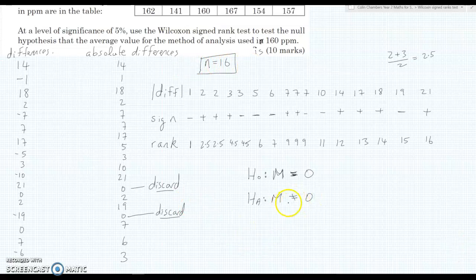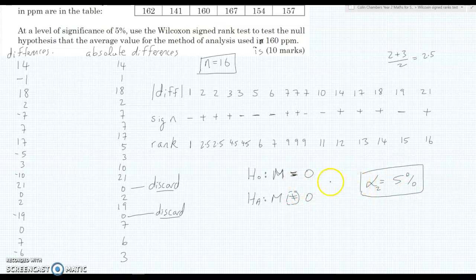So the median difference is not equal to 0 as our alternative hypothesis. And we're testing at alpha equals 5%. Because it's a not equals sign, this indicates a two-sided test, so it'll be alpha sub 2 when we look up our tables later to get our critical value. Should have maybe done this at the start.